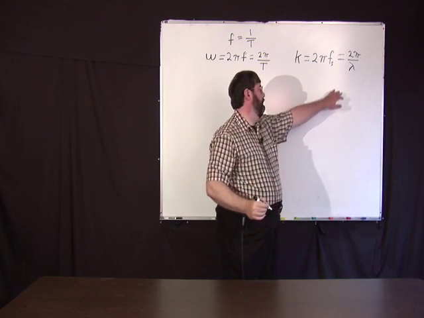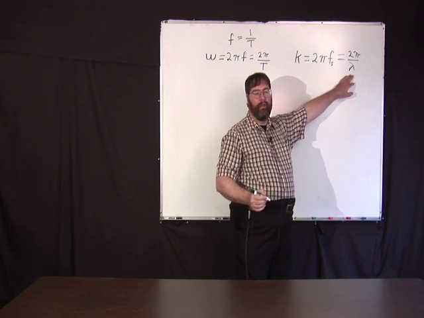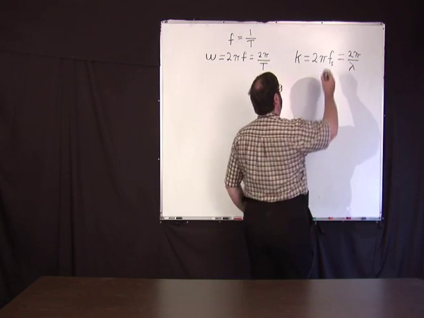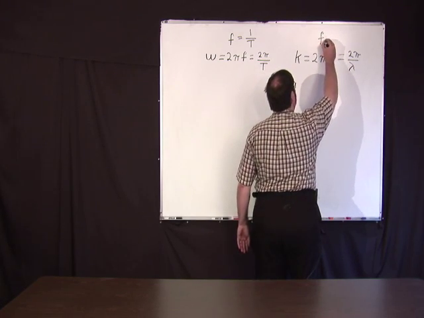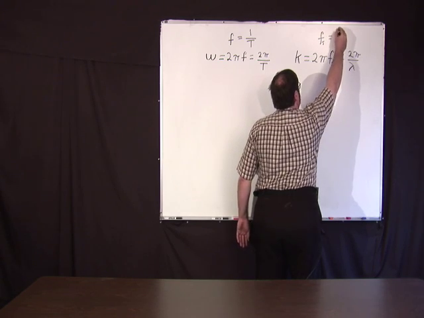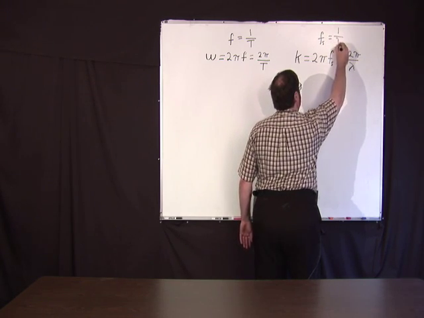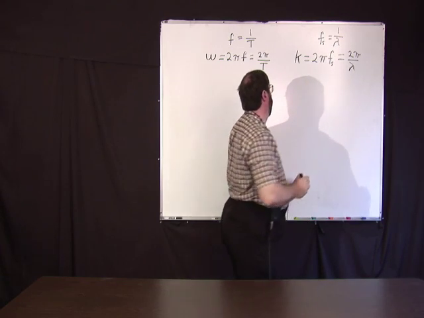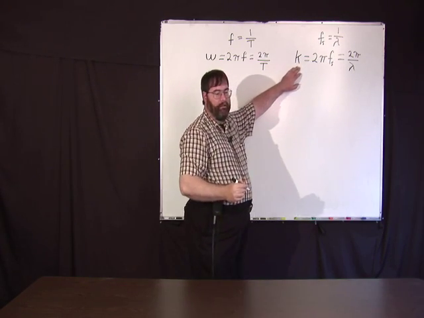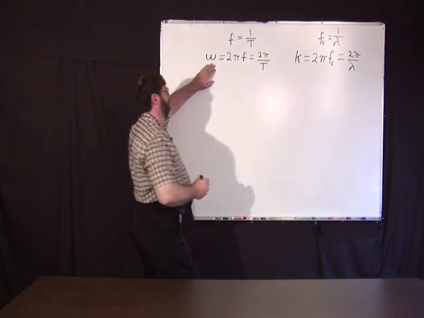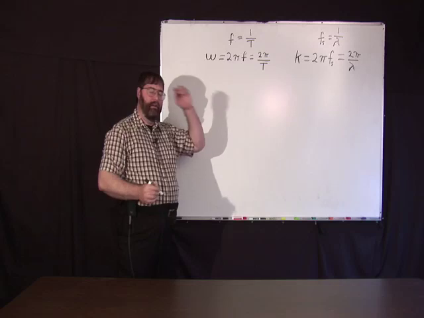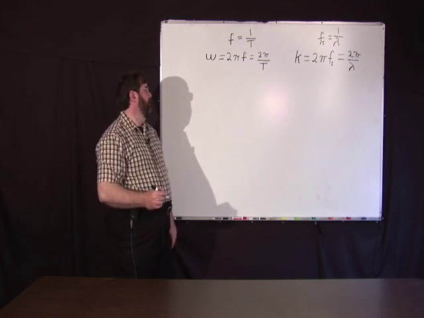The Greek letter lambda is used for wavelength, in meters. And from this, the spatial frequency is 1 over the wavelength. So this is measured in radians per meter, and the other in radians per second. They're really similar quantities, they just have different units.